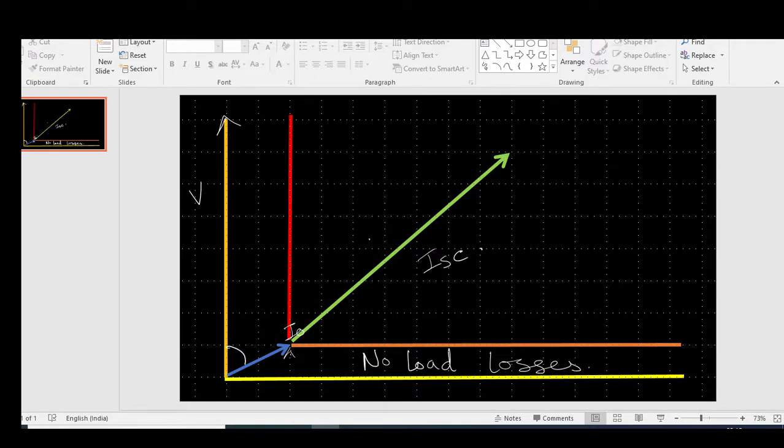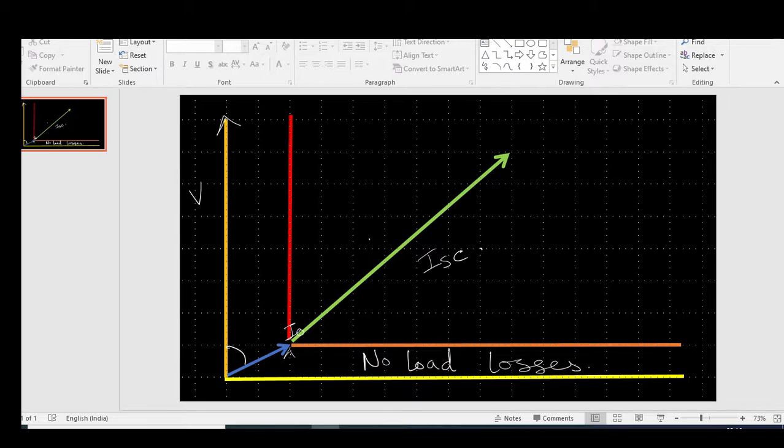This ISC will be a chord of the circle, and we know that any line that is perpendicular to our chord will always pass through the center of that circle.